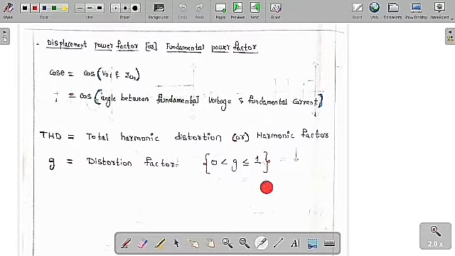So G can lie between 0 to 1 only, but it cannot be 0. So THD is called the total harmonic distortion or harmonic factor, whereas G is called the distortion factor.